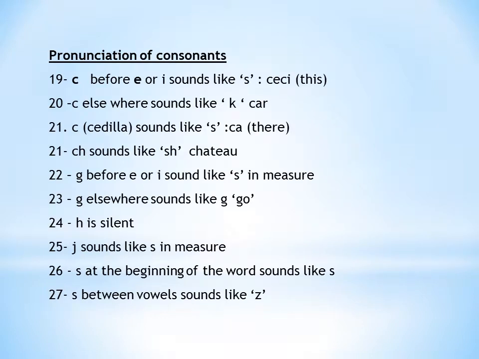Now let's quickly get through the consonants. We have different sets of consonants in the French language. The 19th one is simple C, but this is sounded before E or I like S, as in "sasse".